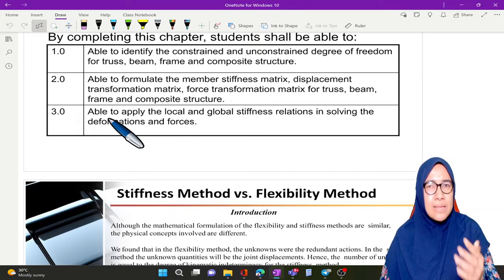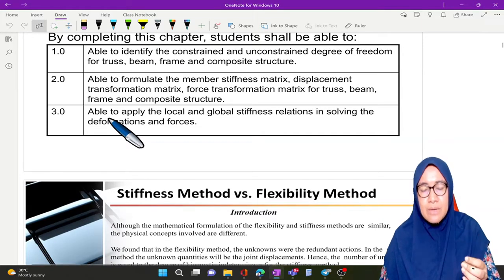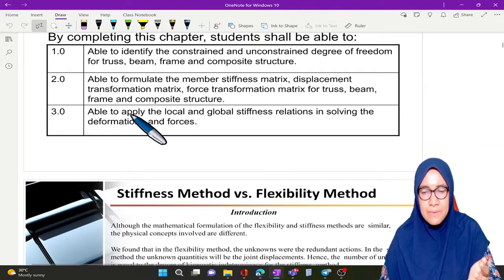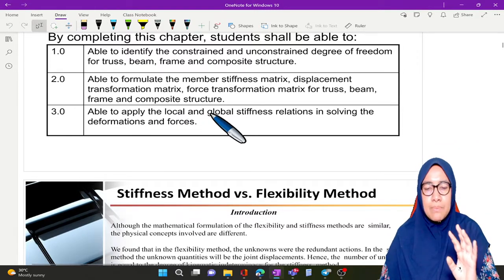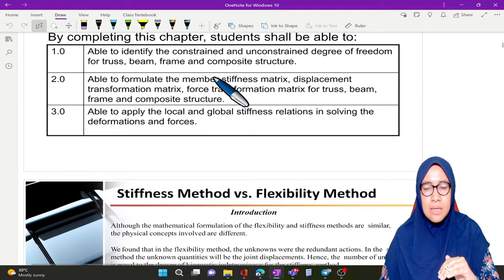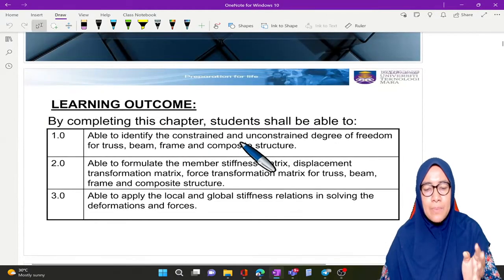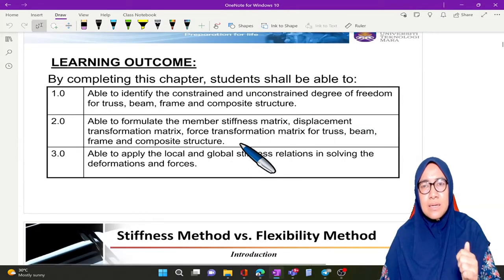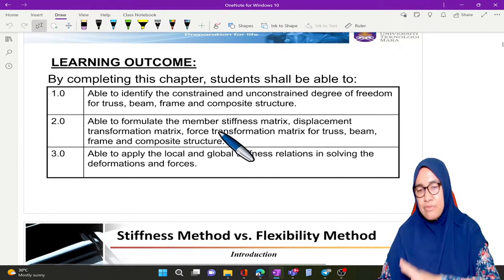Basically, it is matrix multiplication. Comparing all these types listed in the learning outcome, truss is the simplest, then beam, then only frame.